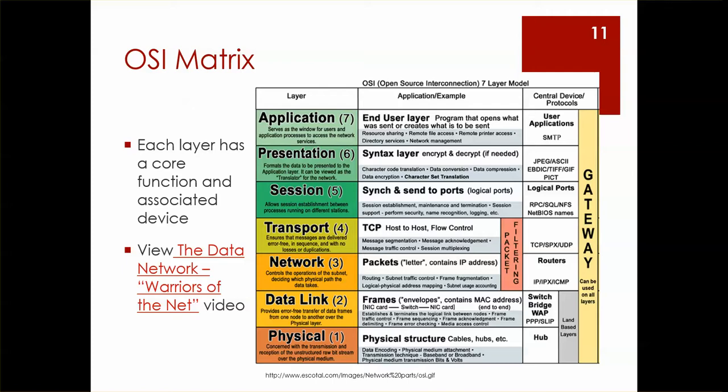At the session layer, going in a downward direction, we're establishing a connection between different processes on hosts. For example, that could be a client-server communication. If we have a SQL client connecting to a SQL database server, we're establishing a session.